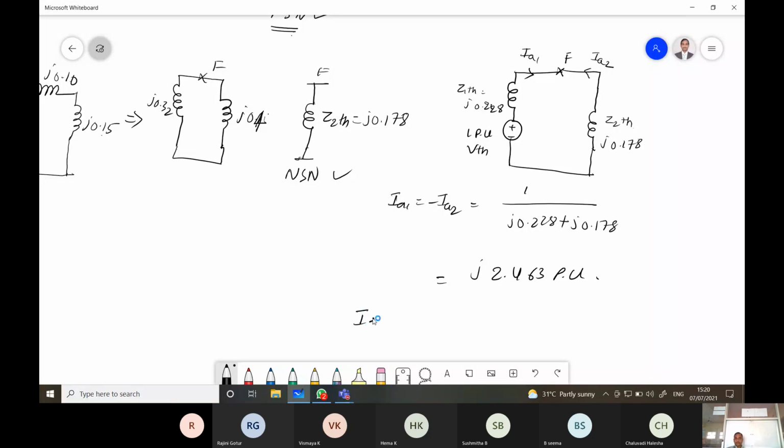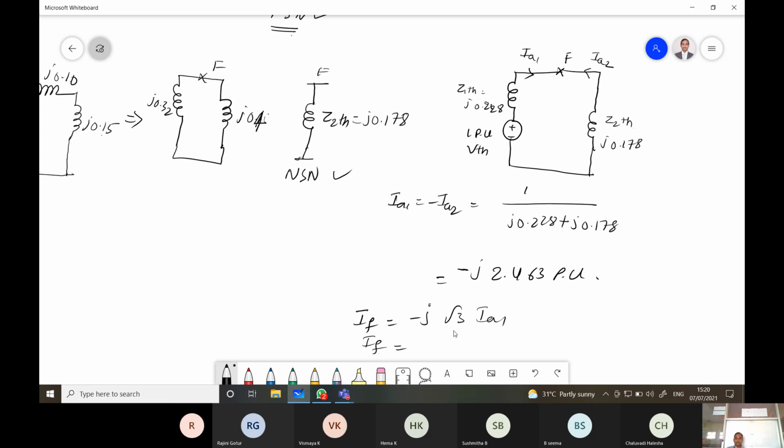And find out fault current IF, which is minus J into root 3 times of IA1.